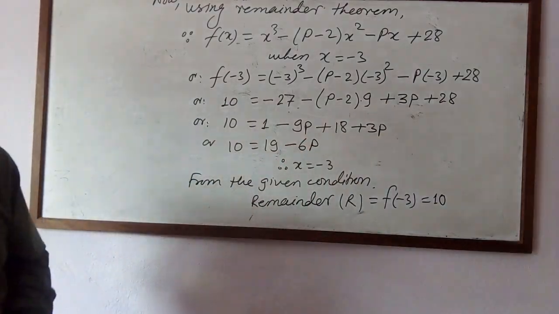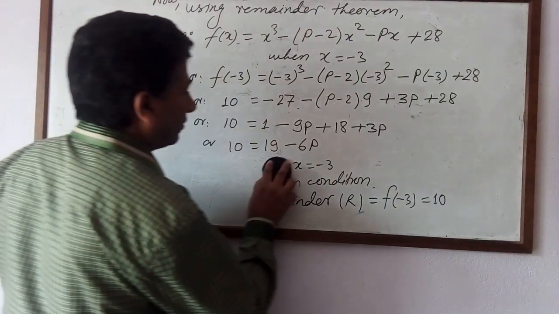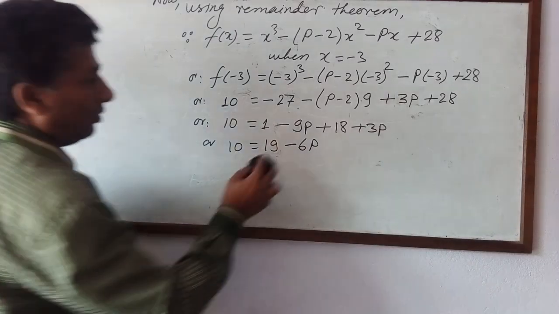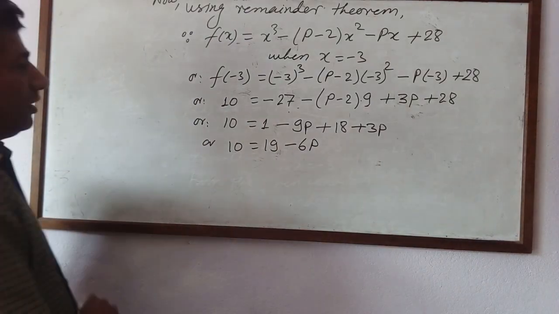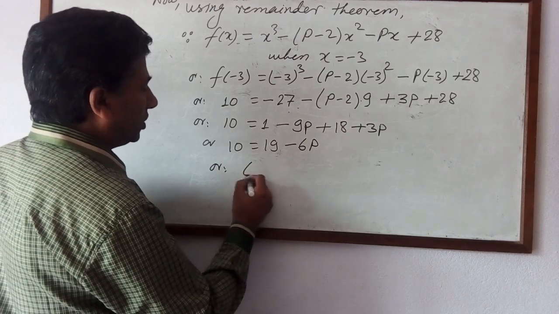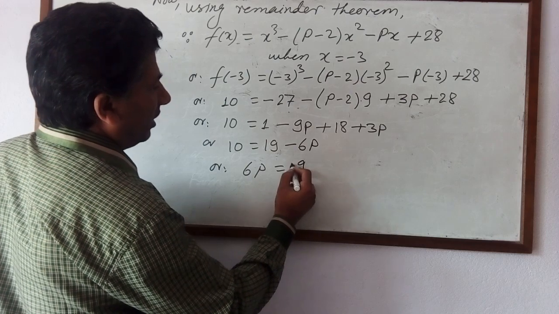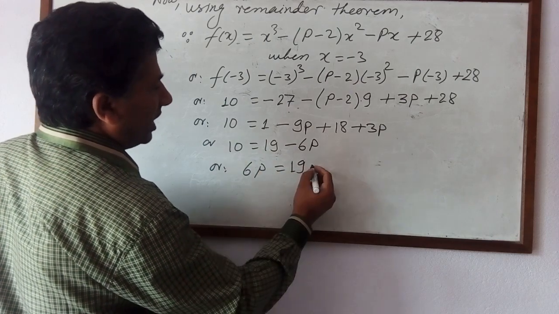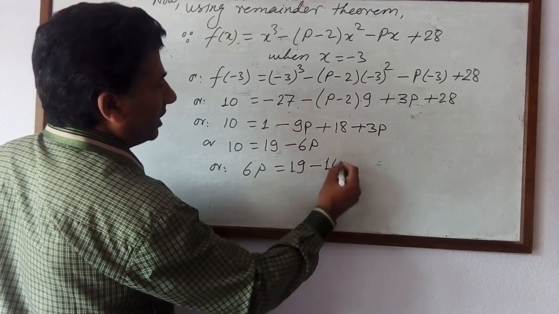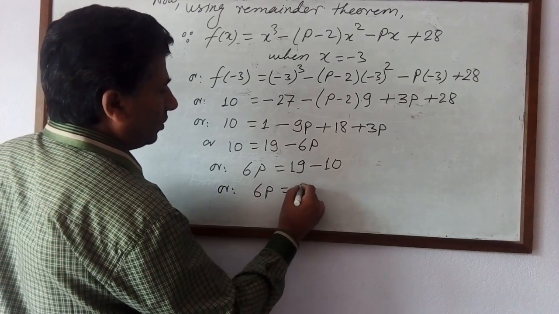Now bring the 6p to this side; when it comes, it will be positive. 6p equals 19, and bringing this 10 to that side it will be minus 10, so 6p equals 9.